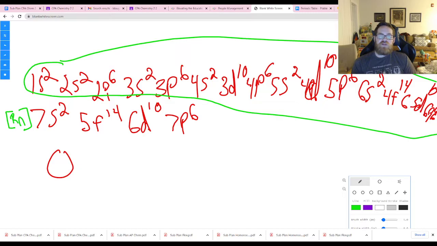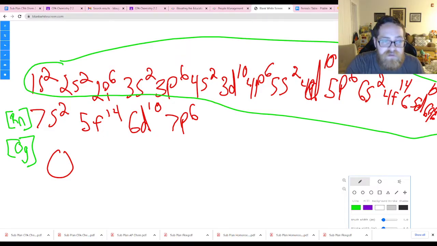That would be a much, much shorter way of writing that. You take the noble gas before, you add everything that came after it.